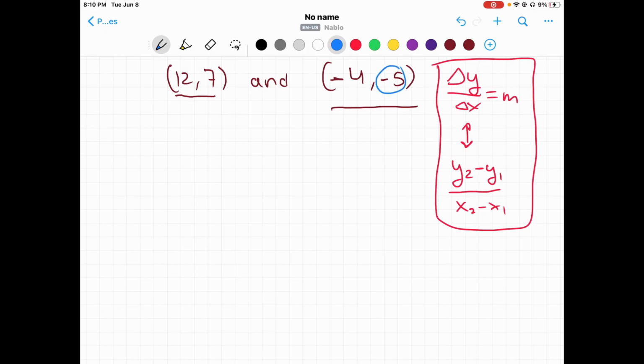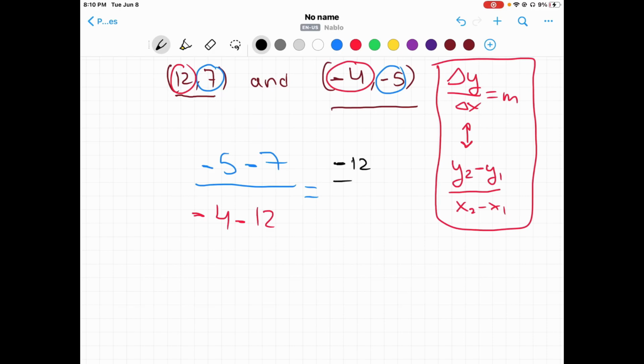So -5 would be y2, so -5 minus y1, which would be 7, over -4, which is x2, minus 12, which is x1.